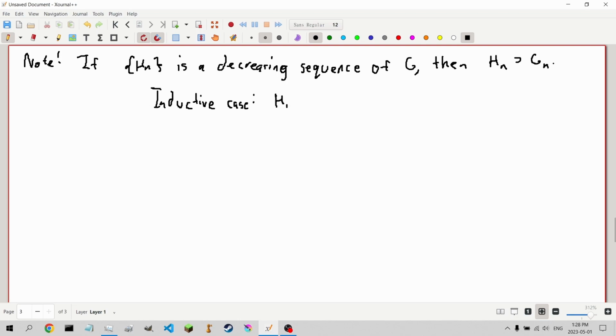So h to the n plus 1 is obviously going to be inside of h1, hn, which by induction is going to be inside of g1, gn, which is equal to gn plus 1.